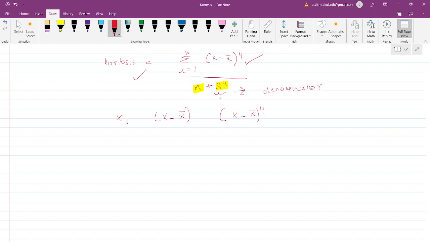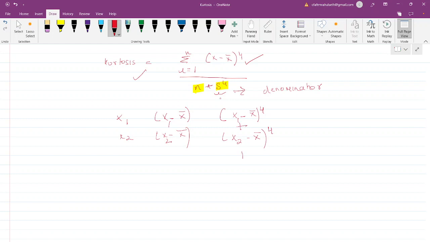Okay. Now think of the numerator. Say the deviation around the arithmetic mean is negative. Now, when I raise this negative deviation to the power of 4, it's going to turn out to be a positive number, right? So if I raise all the deviations to the power of 4, all these deviations are going to be positive.